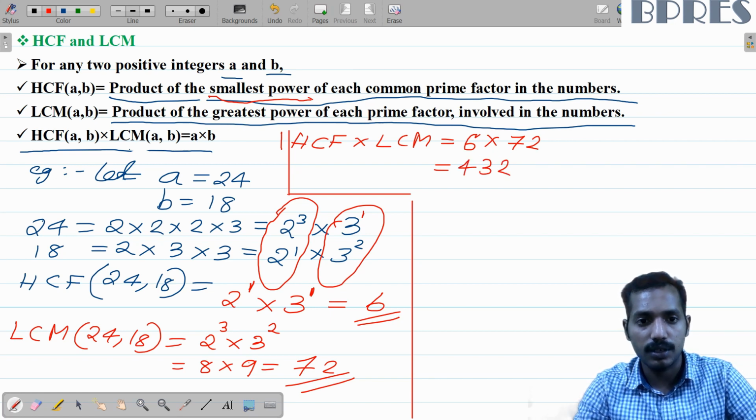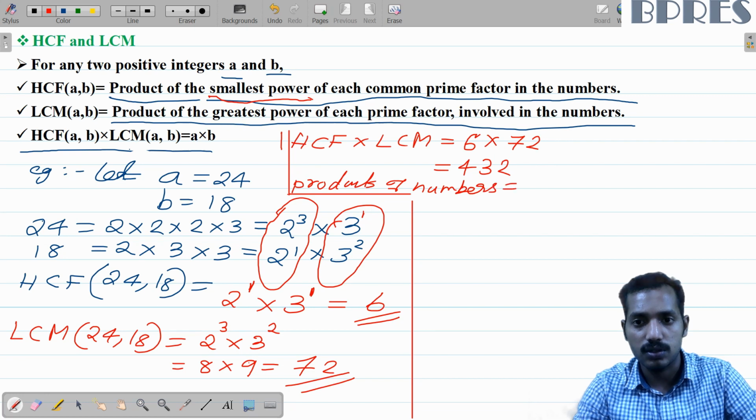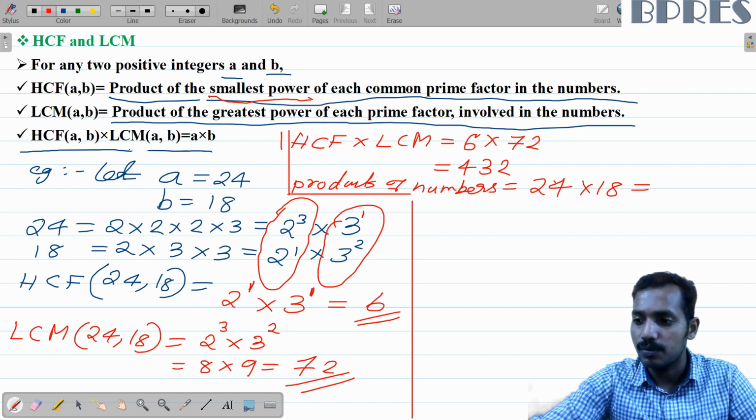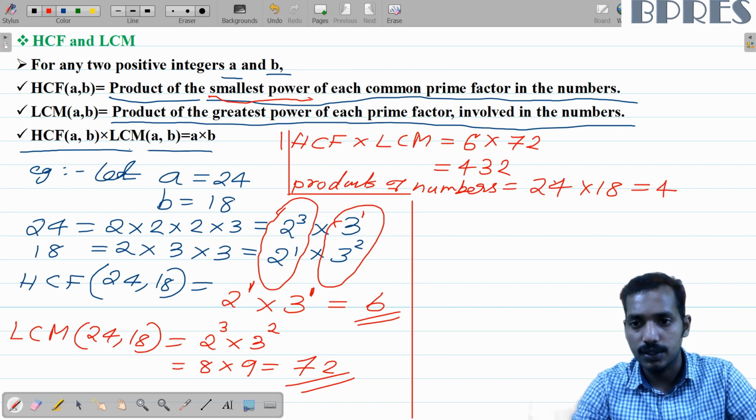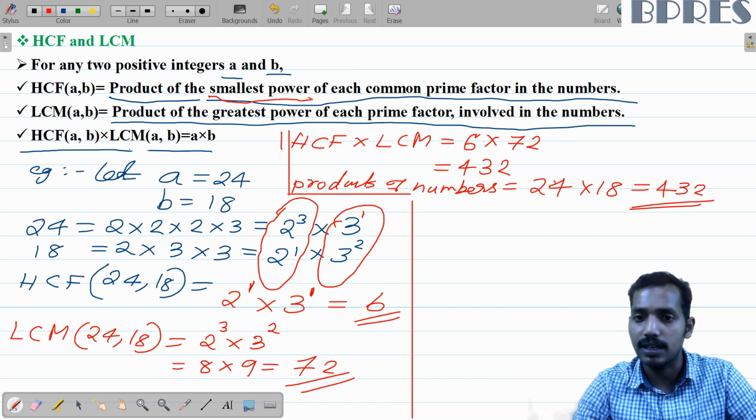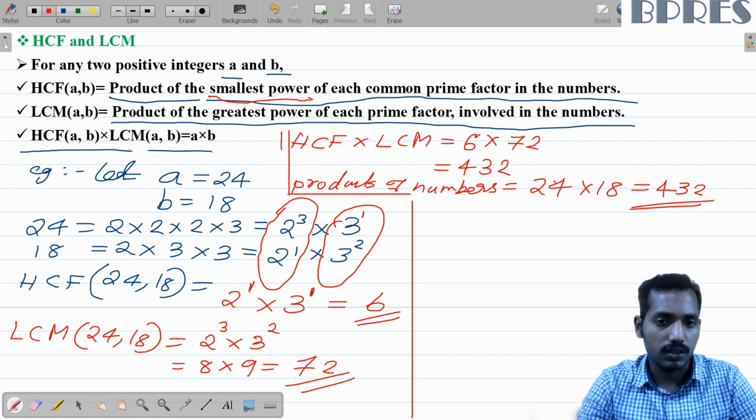Similarly, what is the product of the numbers? The numbers are 24 and 18, so the product of the numbers is 24 into 18, which is also 432. You can verify this calculation. I am not going to explain the numerical calculation.